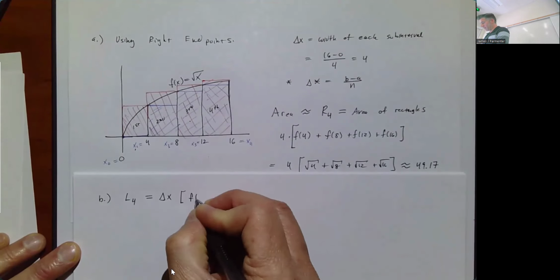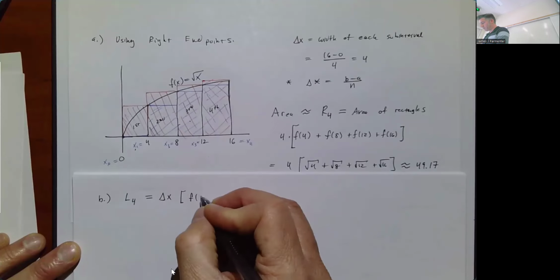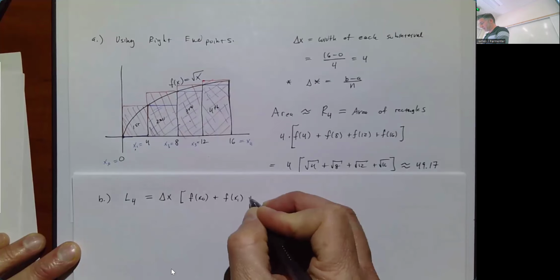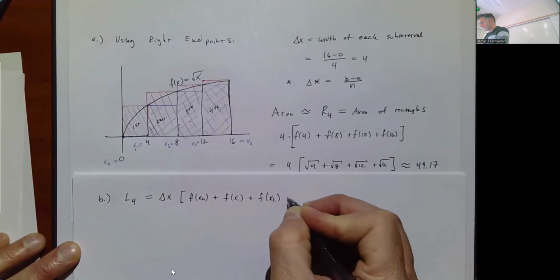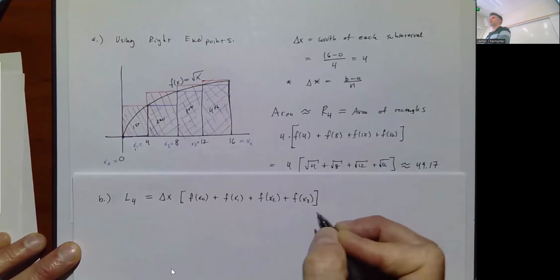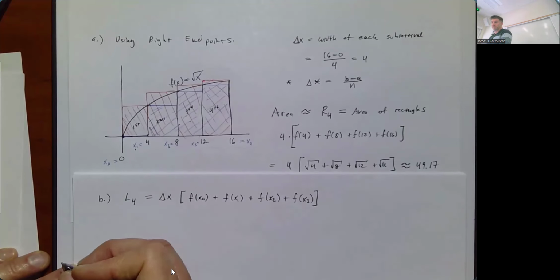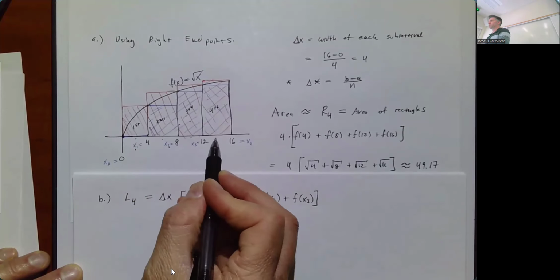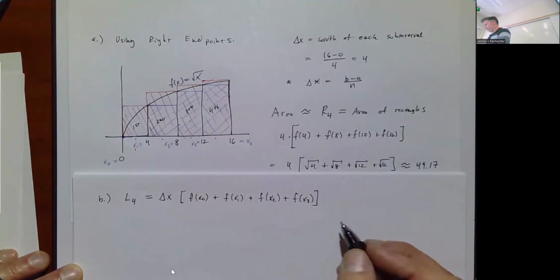So f of the first left endpoint, which is x0. The next left endpoint is x1. The next is x2. And the last left endpoint is x3. Those are the 4 left endpoints of each subinterval: x0, x1, x2, x3.